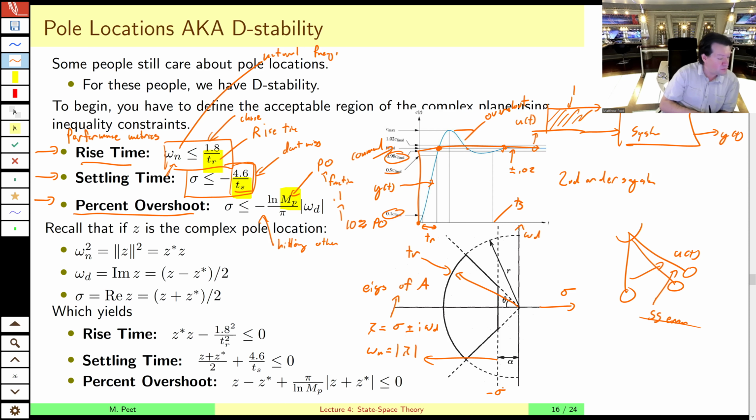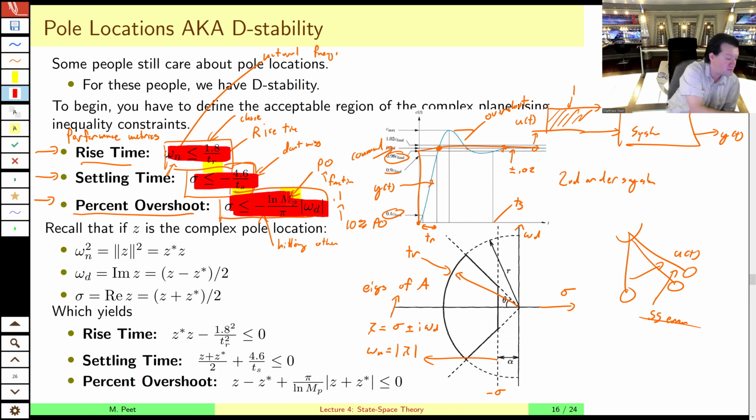And finally, for percent overshoot, we can give a slightly more complex constraint on the eigenvalues. Specifically, here I'll just highlight these, 1, 2, 3.